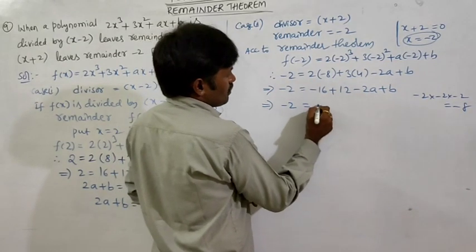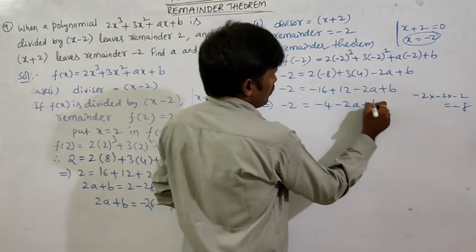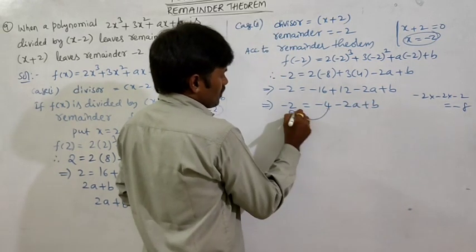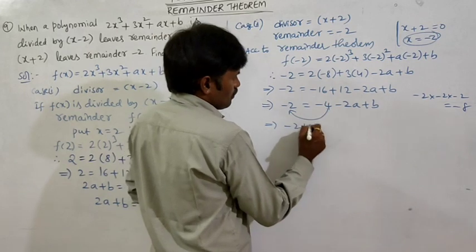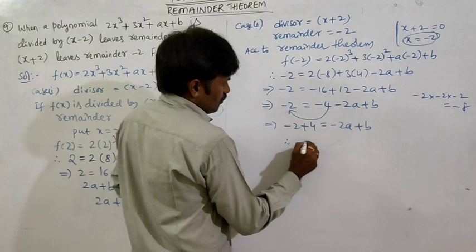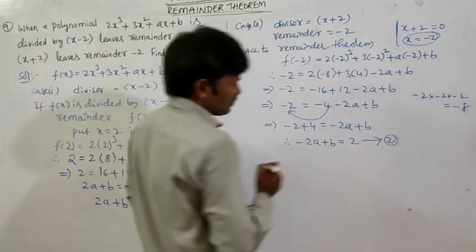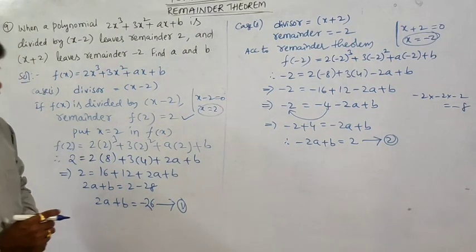This implies minus 2 is equal to minus 16 plus 12 minus 4 minus 2a plus b. Shift minus 4 to the other side, then it becomes minus 2 plus 4, that is equal to minus 2a plus b. Therefore minus 2a plus b is equal to 2. It is considered as equation 2.